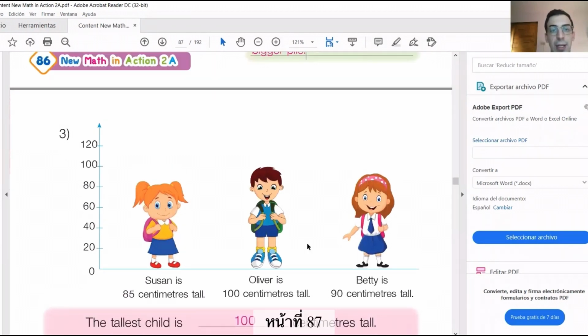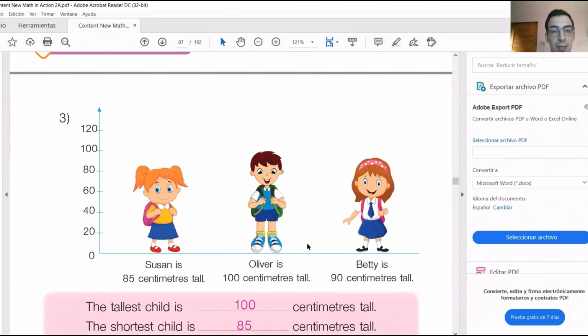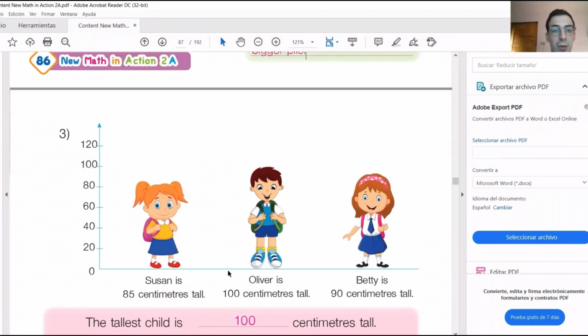Page number 87. Okay, here we have 3 students. 1, 2, and 3. The name of this student is Susan, and Susan is 85 centimeters tall.